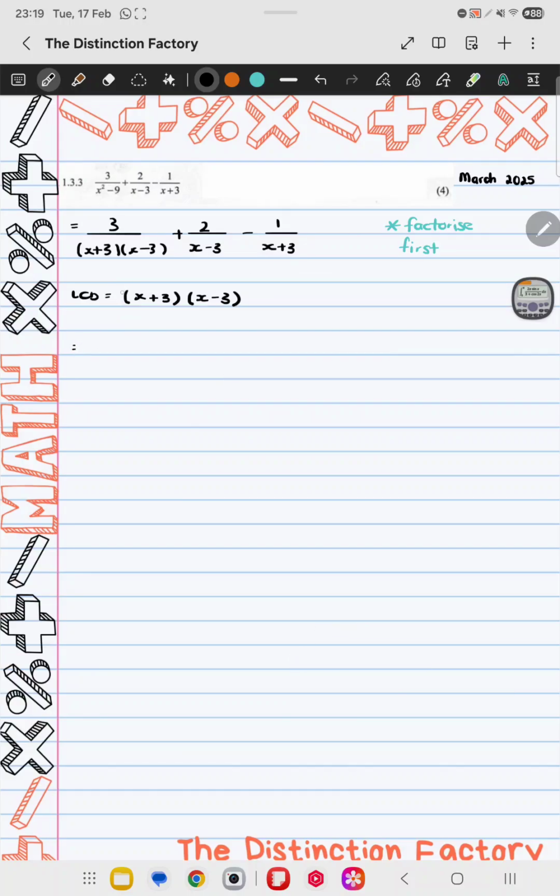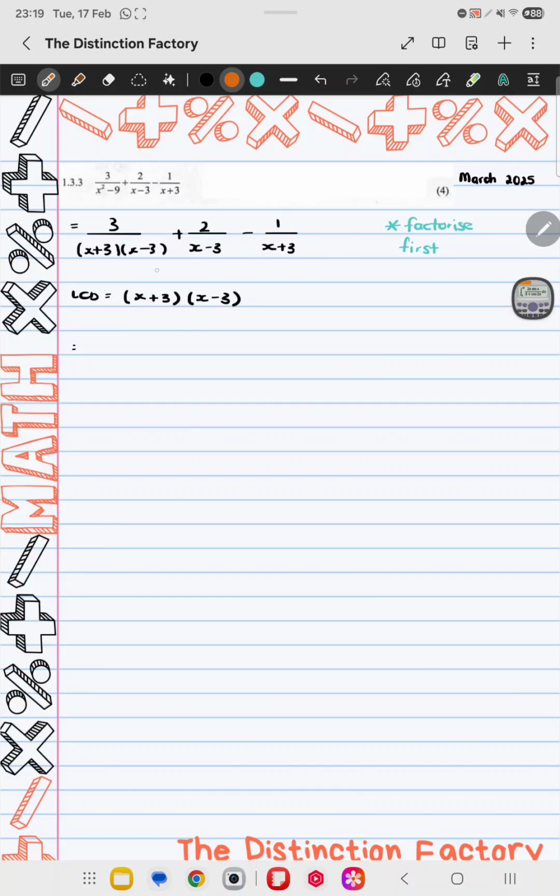So what I can do is try and figure out what each one needs to be multiplied by in the denominators, and then do the same thing to the numerators, just like what we've been doing in the previous examples. If I'm looking at this first fraction, my denominator is matched up with my LCD, so I don't need to make any adjustments.